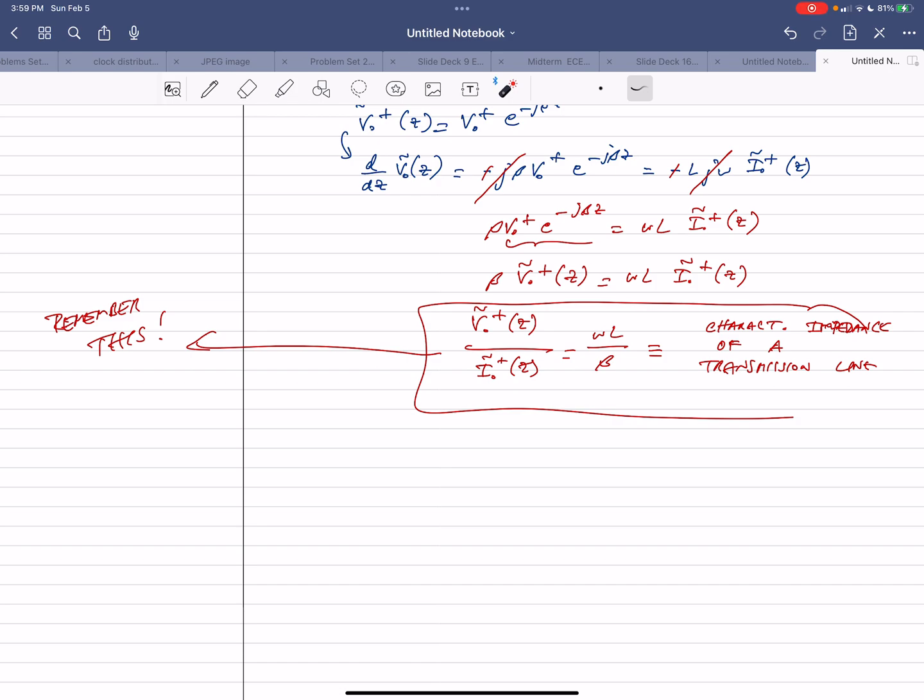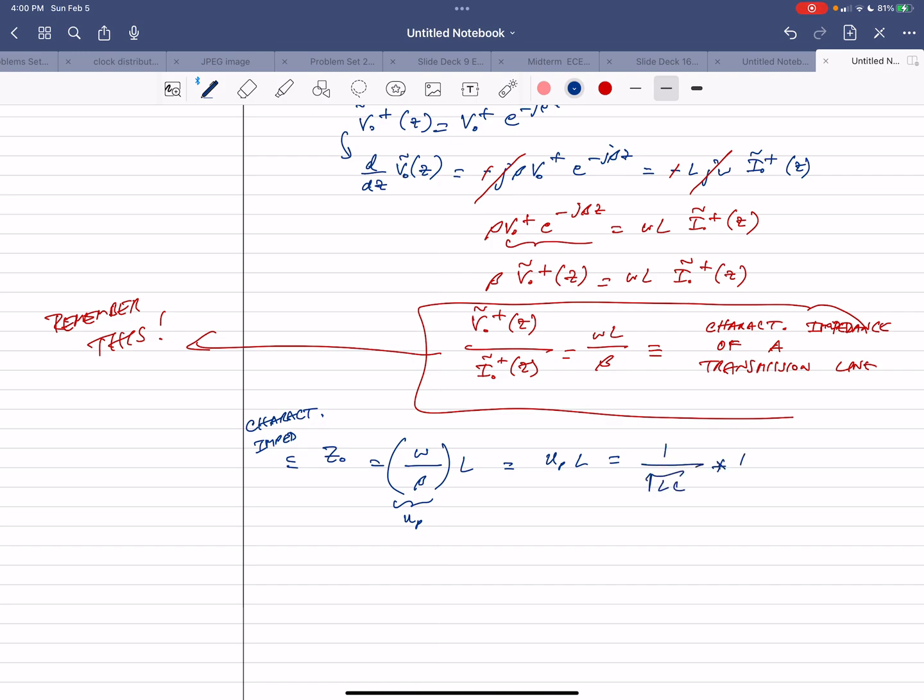Now looking at it some more, we're going to call this characteristic impedance capital C Z0, which is omega over beta times L. So omega over beta is the phase velocity, so this looks like phase velocity times L. The phase velocity was 1 over square root of LC.